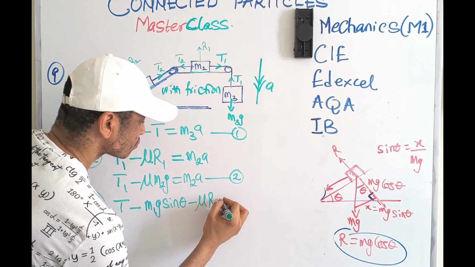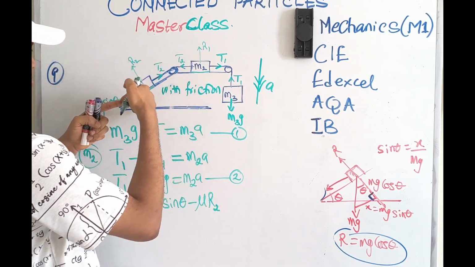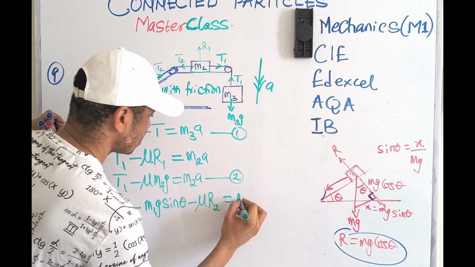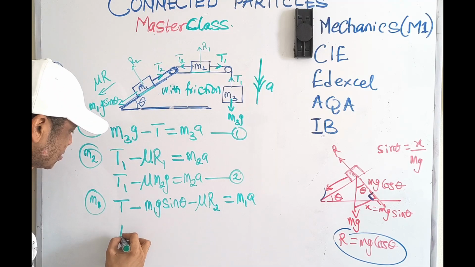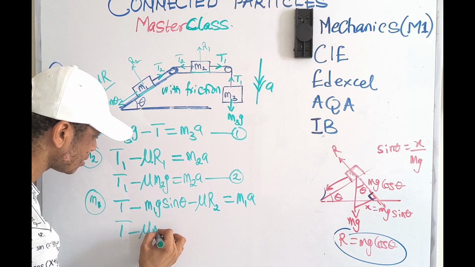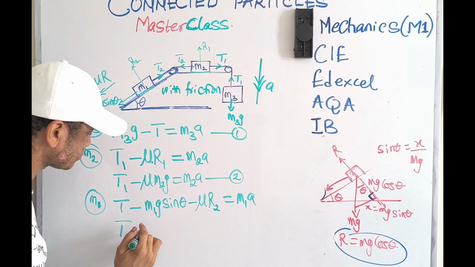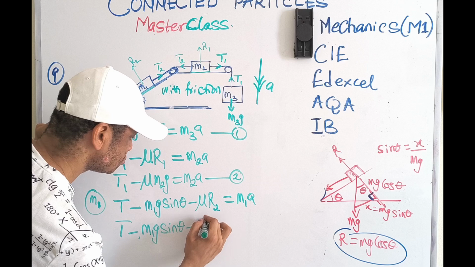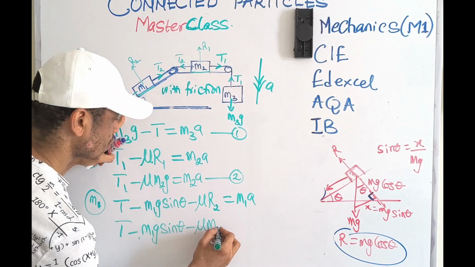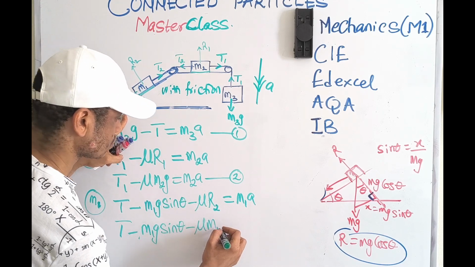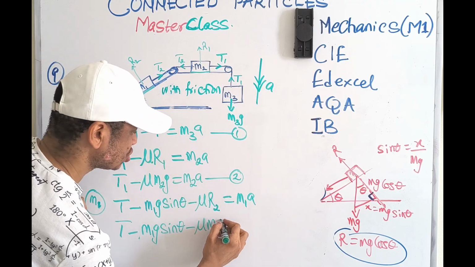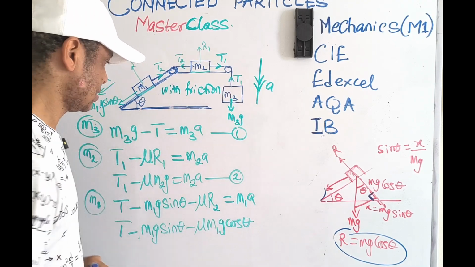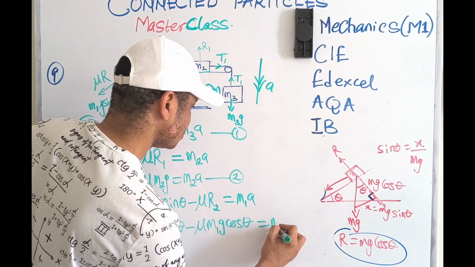So T minus m1g sine theta minus mu m1g cos theta, that's R, is equal to m1a.